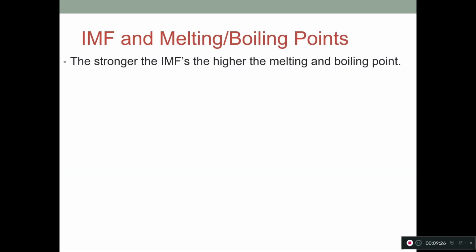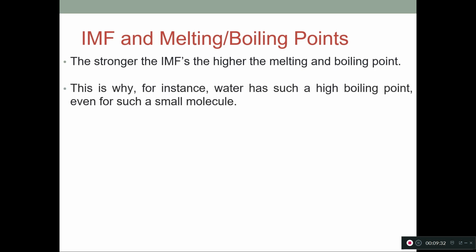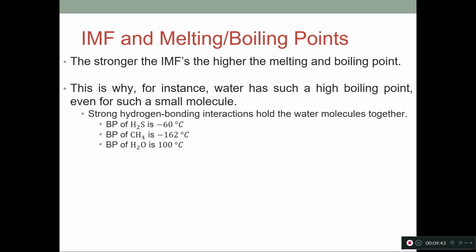And these polarity considerations can also be used to look at things like melting point and boiling point. So for instance, water has a very high boiling point, even for such a small molecule. And that's because we have these strong hydrogen bonding interactions that hold the water molecules together.